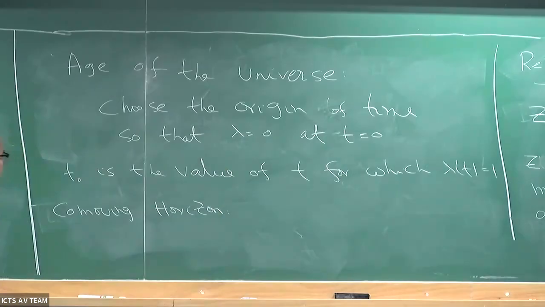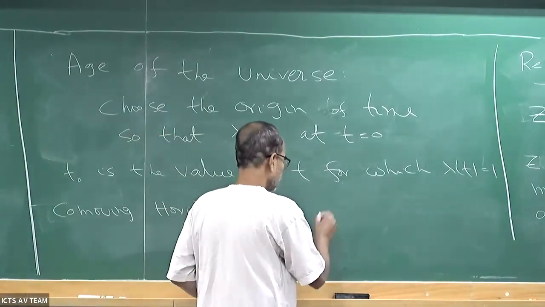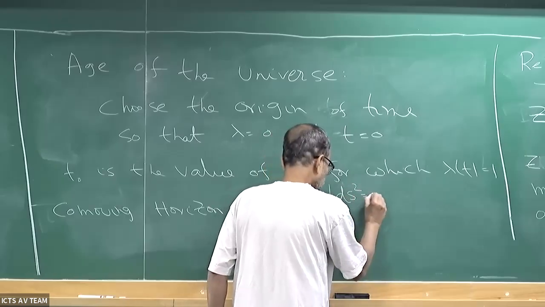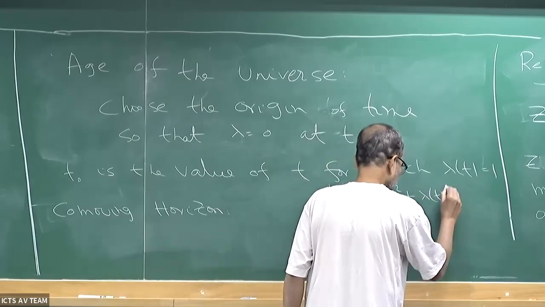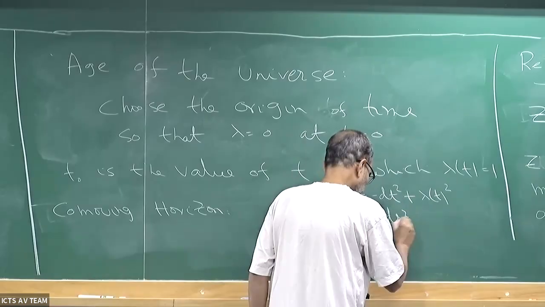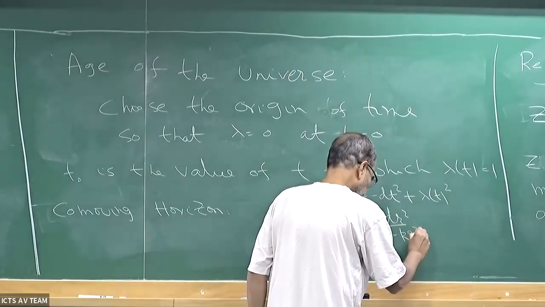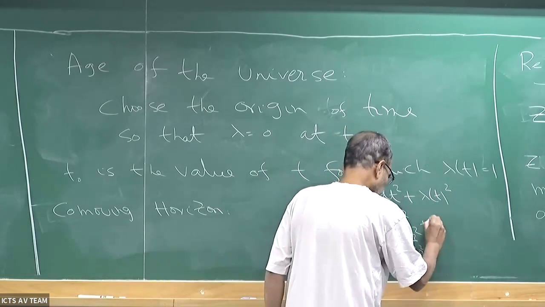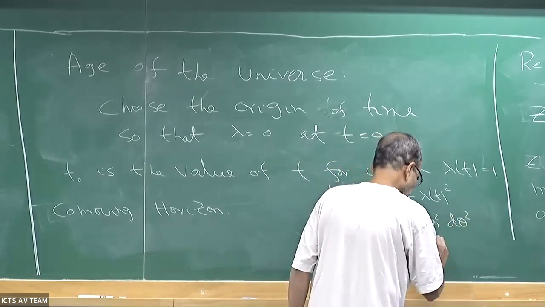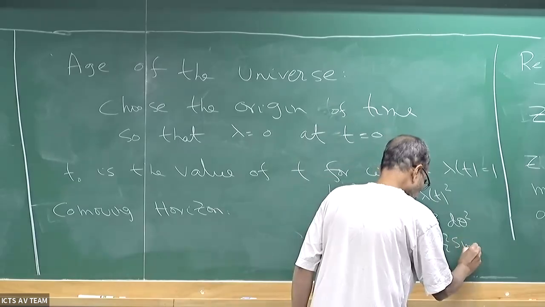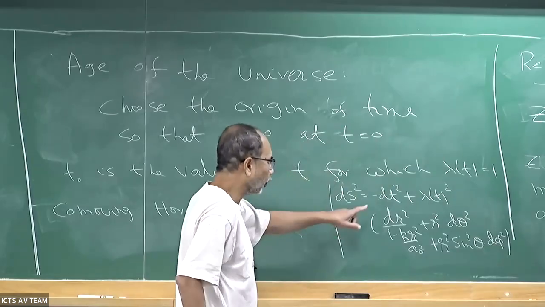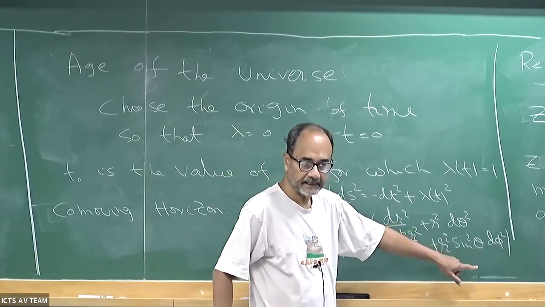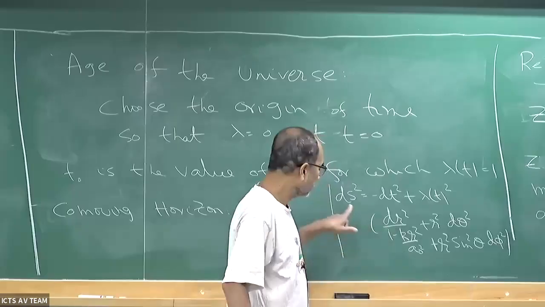Oh, maybe one more thing I should have said. If you look at the metric, ds squared is minus dt squared for a co-moving object, because r, theta, phi are fixed and these things don't change.